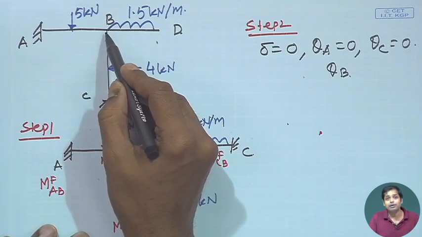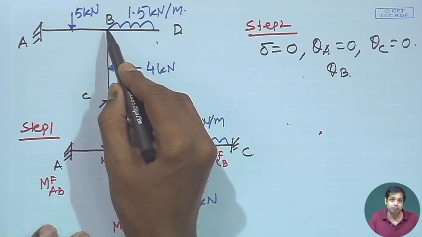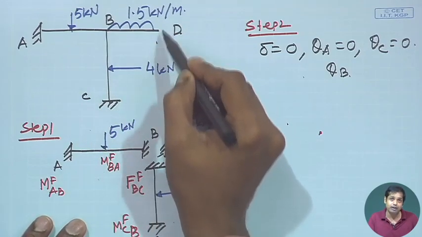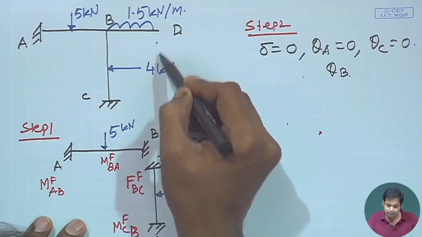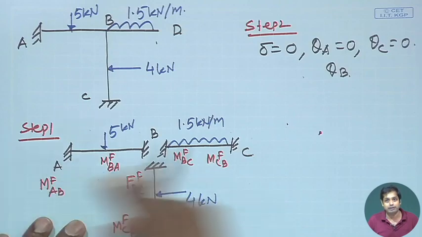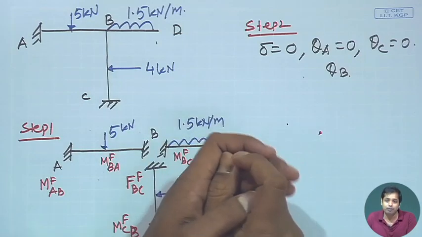In order to find out the member forces, without actually computing the displacement at point D, just by knowing the rotation at B, you can compute the member forces. Okay. Now, that is a very important thing, because any structure can have many kinematic indeterminacies. You need to reduce your problem, we need to reduce the computation, right.